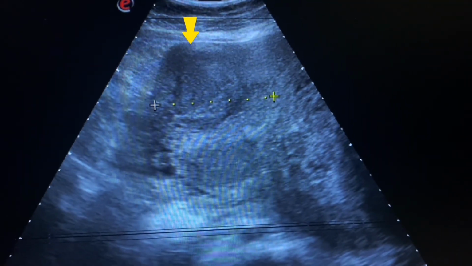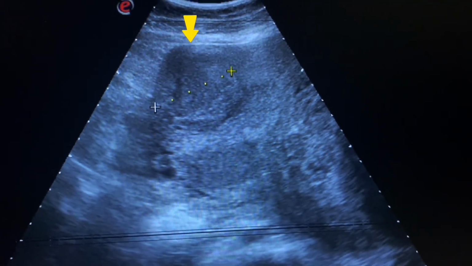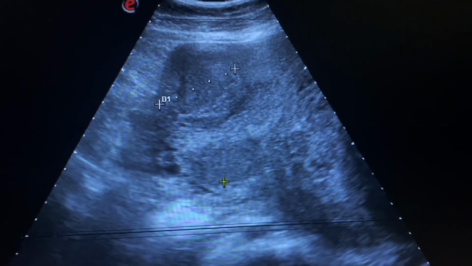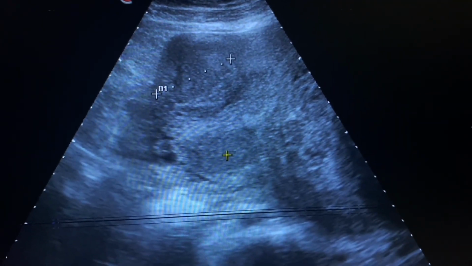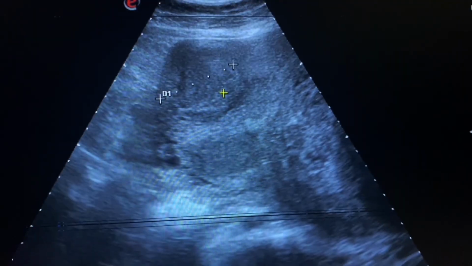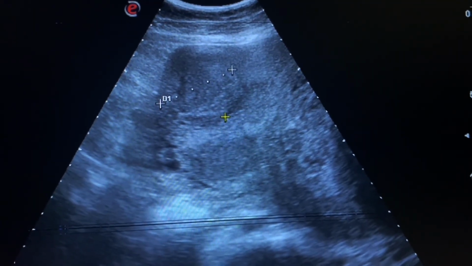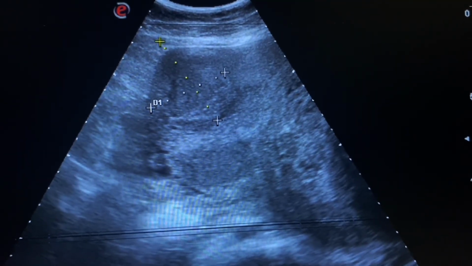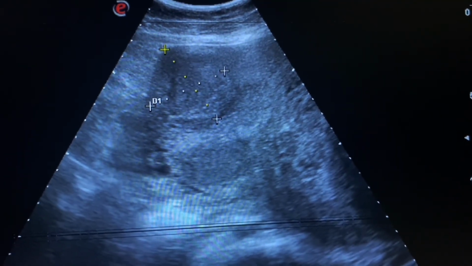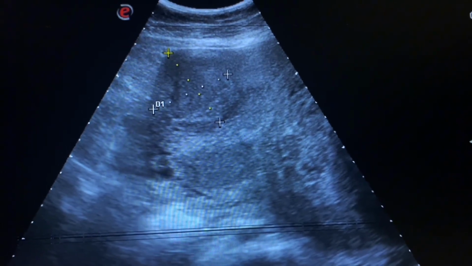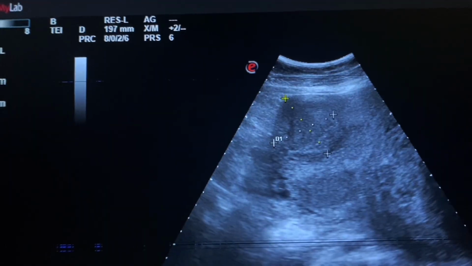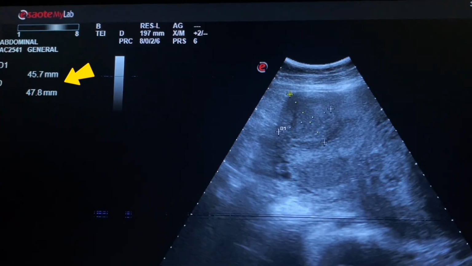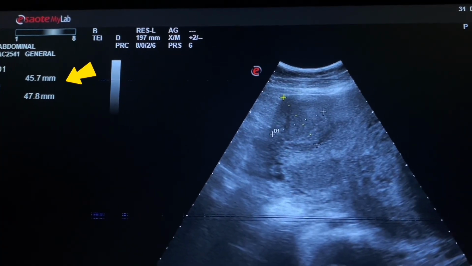Now we will measure the size of this mass. The size of this mass is 45.7 into 47 into 8 millimeter.